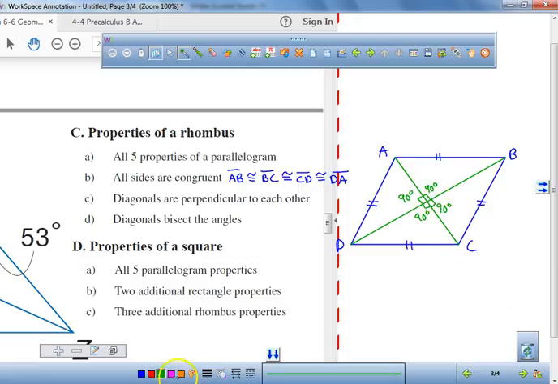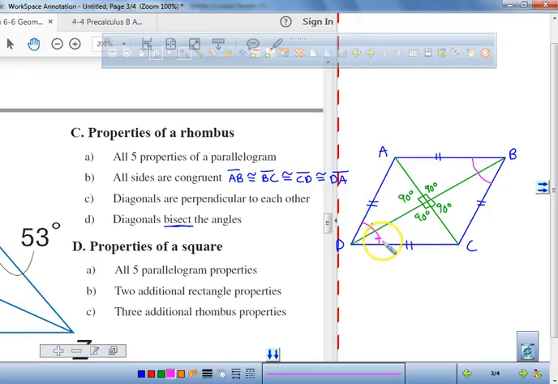Now, the last thing I want you guys to understand: it says the diagonals do what to the angles? They bisect. It's very important. I need you to understand that these angles right here are bisected, which means they are perfectly equal to each other.